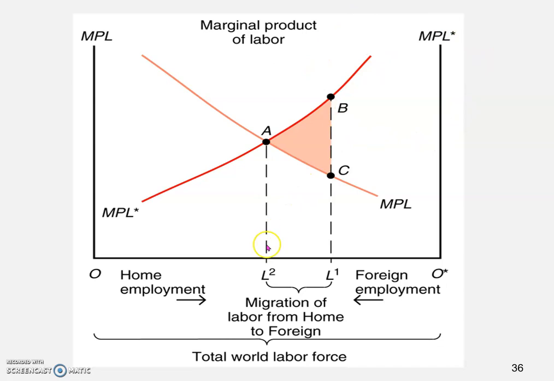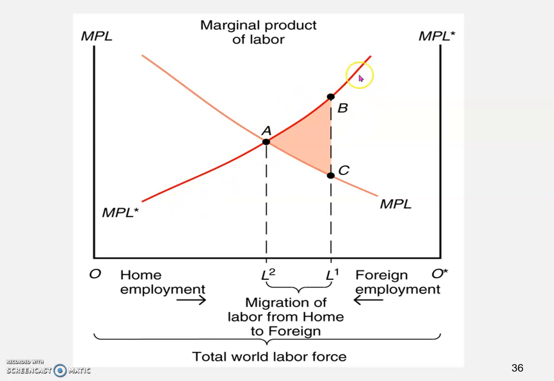And remember, they still have this downward sloping MPL curve because of the law of diminishing returns to labor. But here we won't multiply MPL by P because, as we said, we don't want to deal with the price.